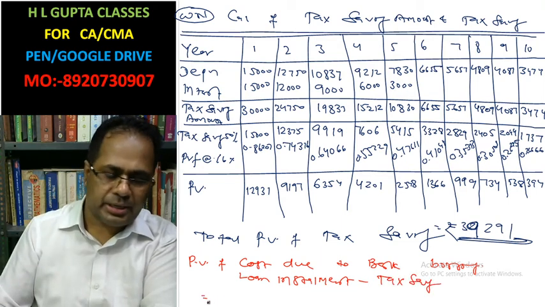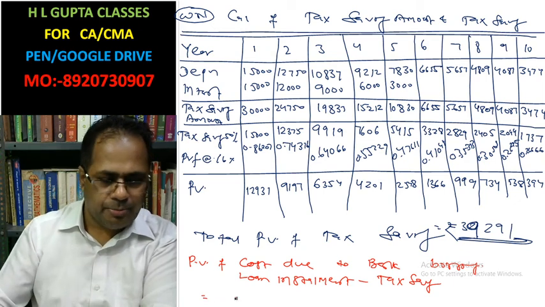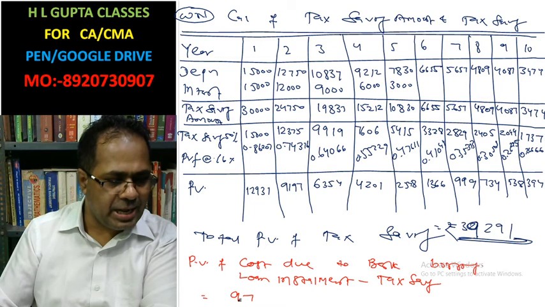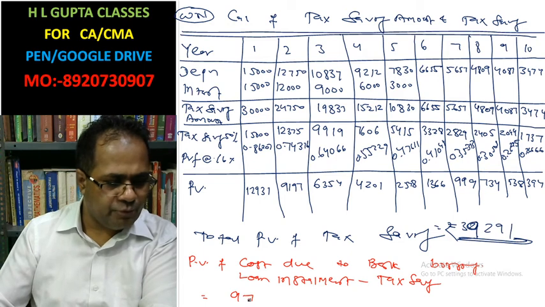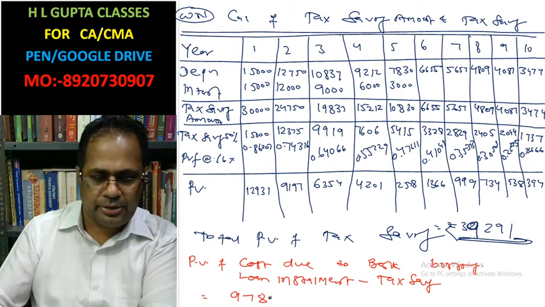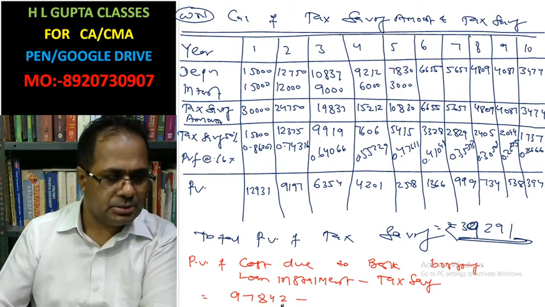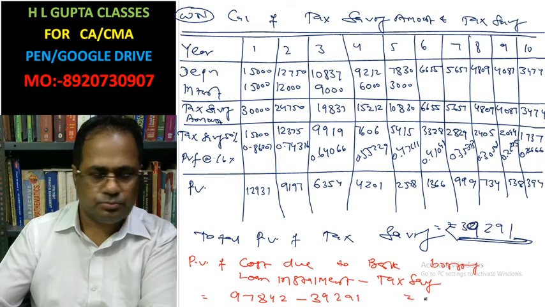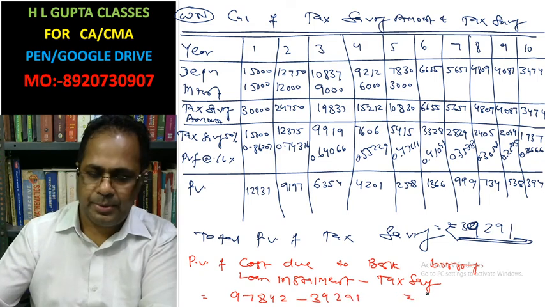Loan installment is calculated 97,842 minus 39,291, that is 58,552.